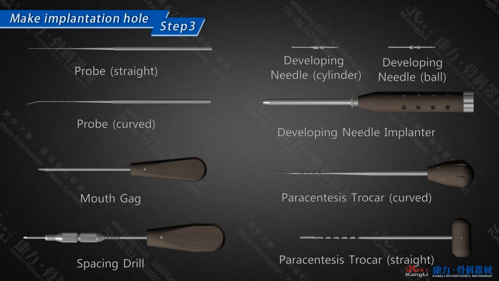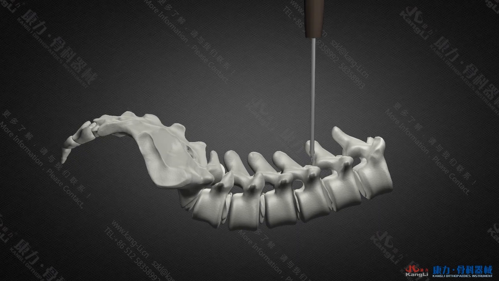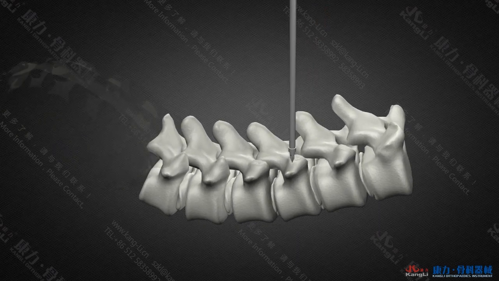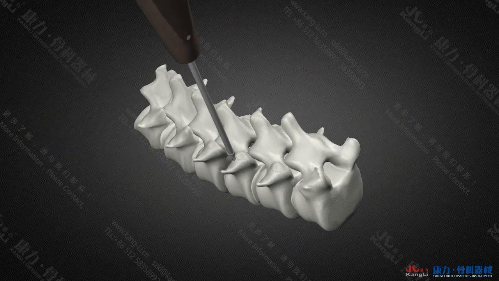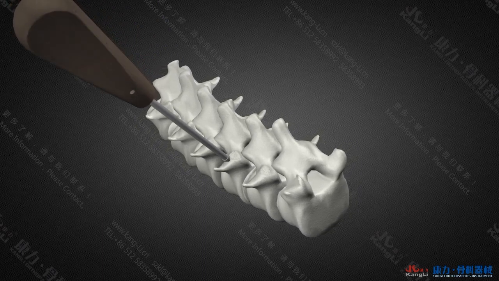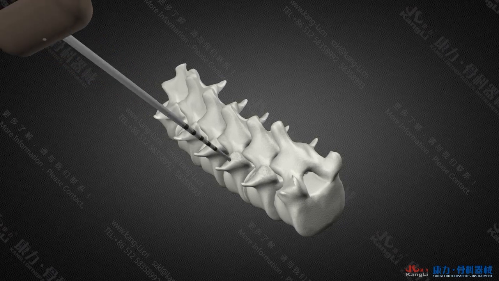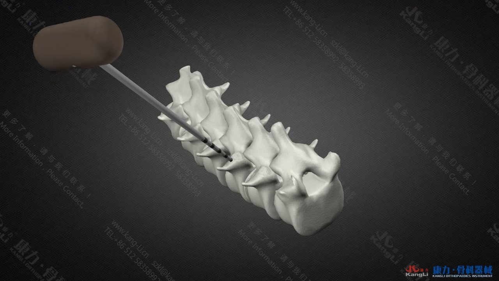Step 3. Make the implantation hole. Use the mouth gag to penetrate into the implantation point. Then use the paracentesis trocar following step 2.